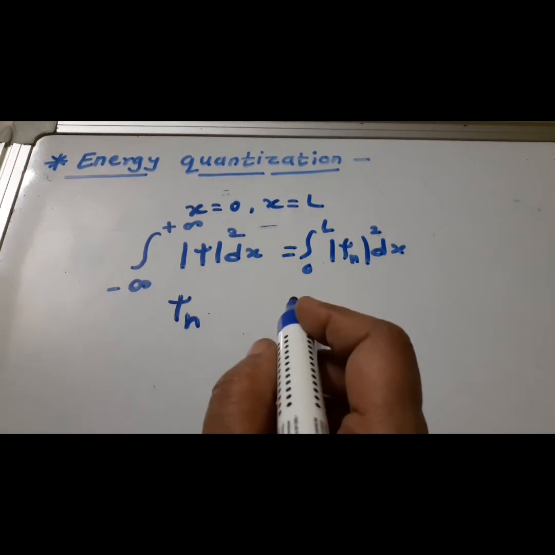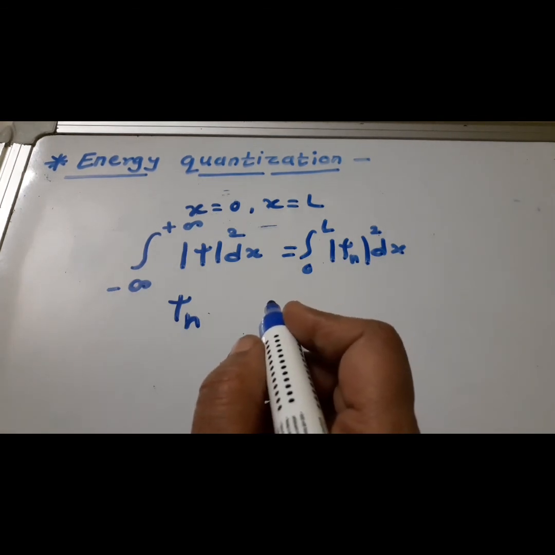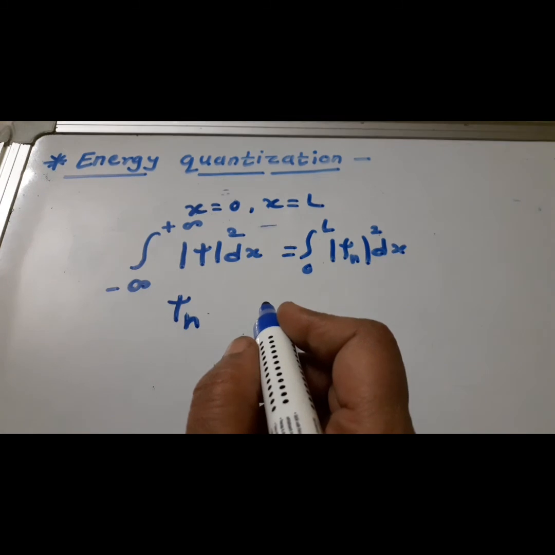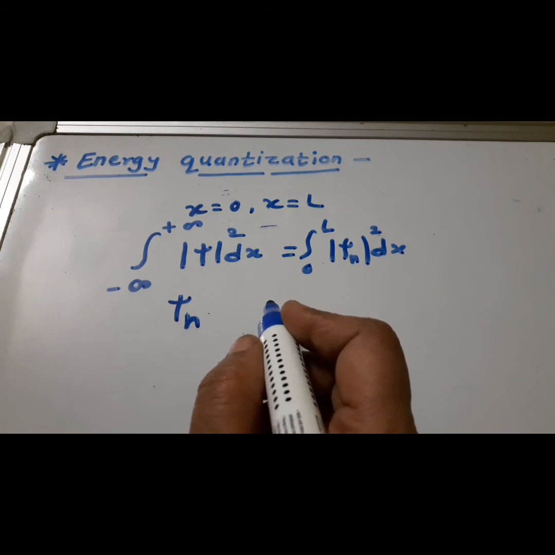and psi n and d psi n are continuous, and it is the integral of mod psi n square over all the space.